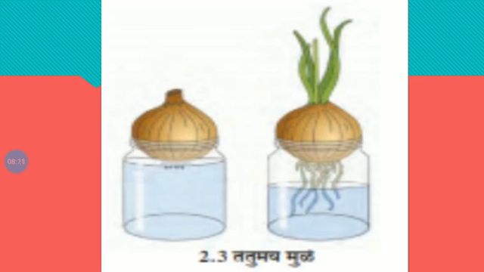See, the first type of root we have seen some time before, that is taproot. Now we are at the second type of root, fibrous root. Thus there are two main types of roots, taproot and fibrous root.